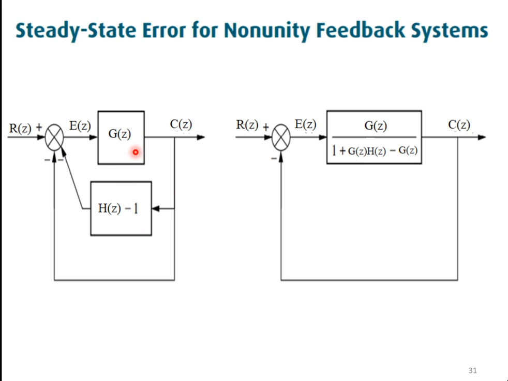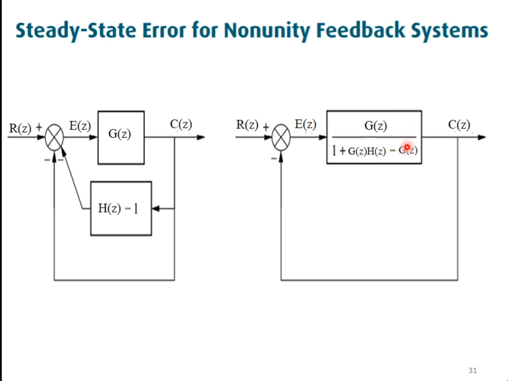So it will be G(z) divided by 1 plus G(z) into the bracket H(z) - 1. So that is G(z) over 1 plus G(z)H(z) minus G(z), isn't it? This inner loop will be the feed forward path now.